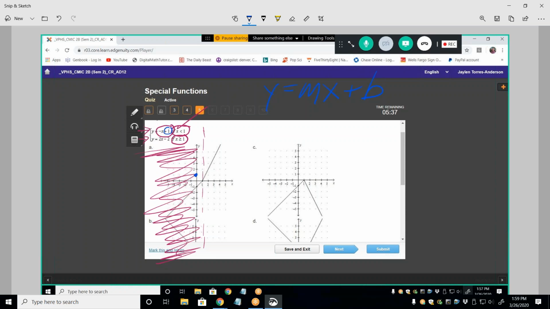What's its slope? Correct. What is the slope? If the function is this, what's the slope of that? -1. Do not drop negative signs.